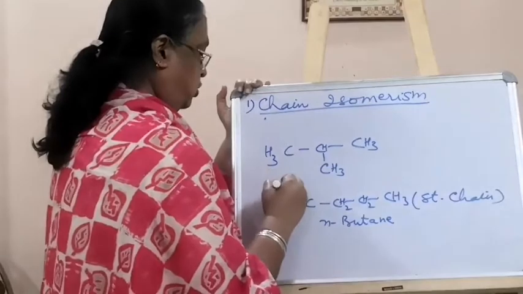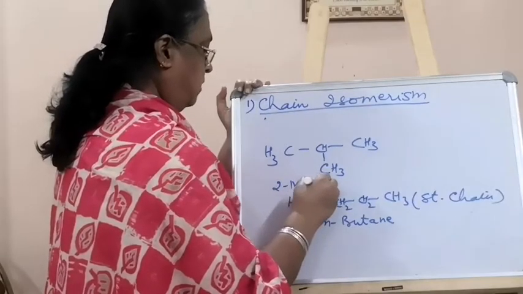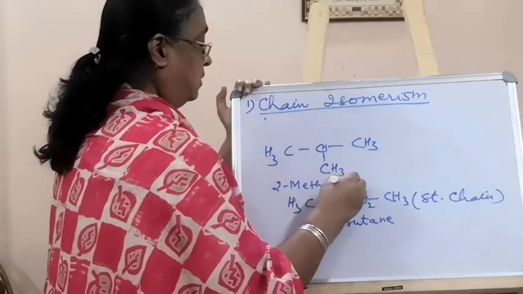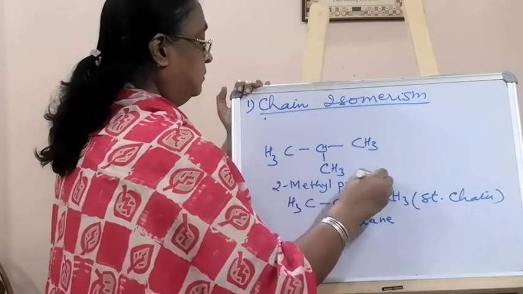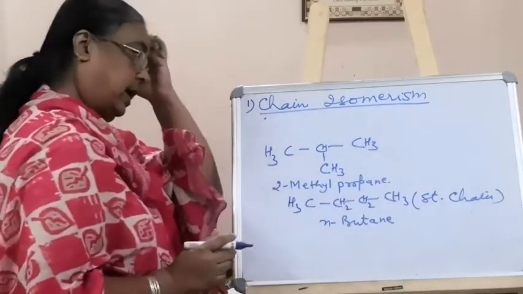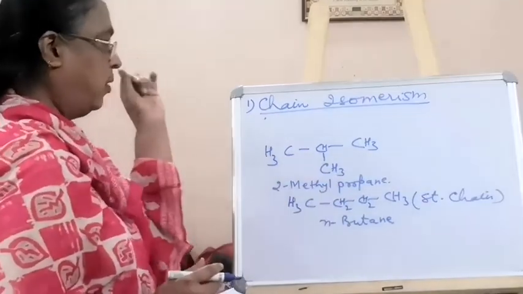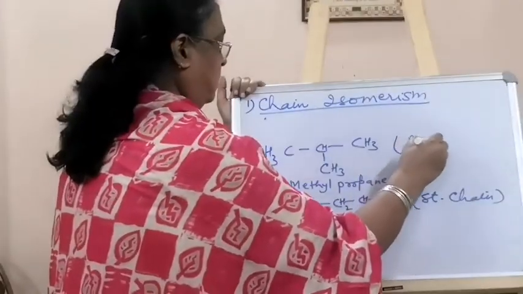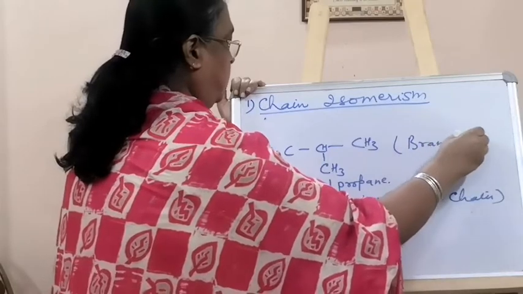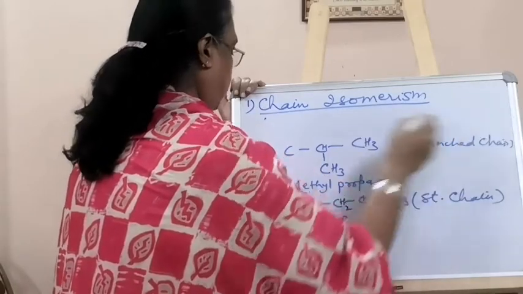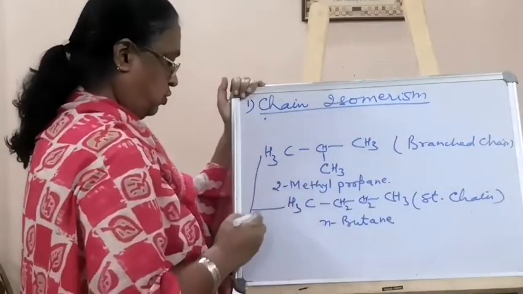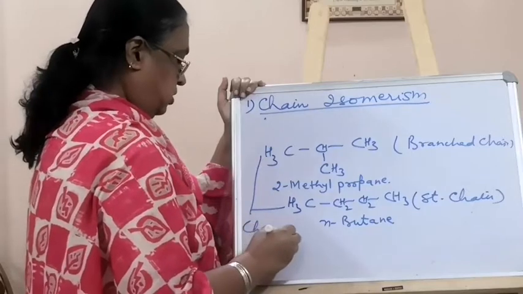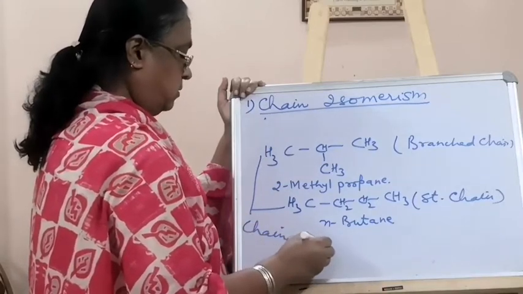This is your 2-methyl propane, and this is branched chain. So these 2 isomers are chain isomers.